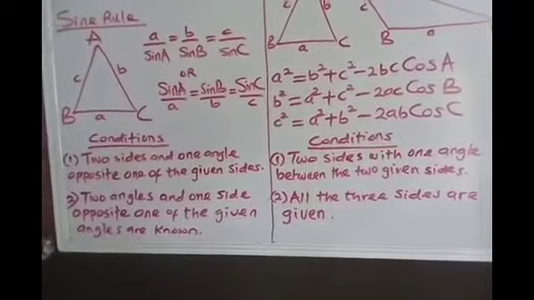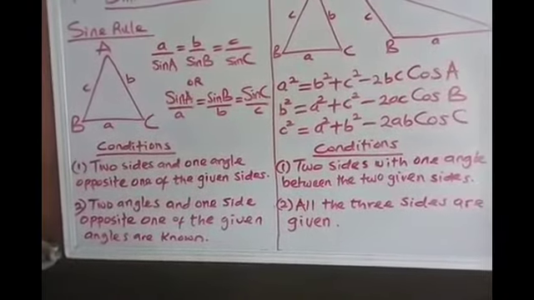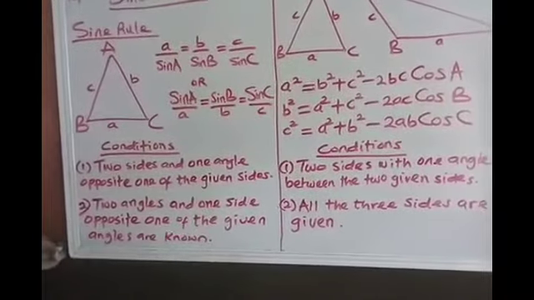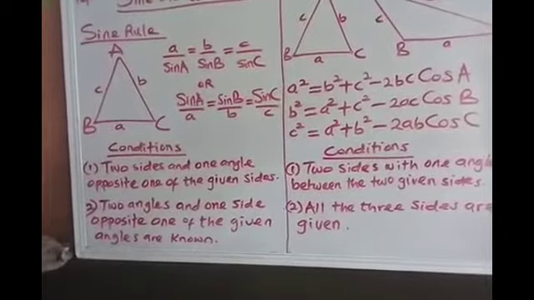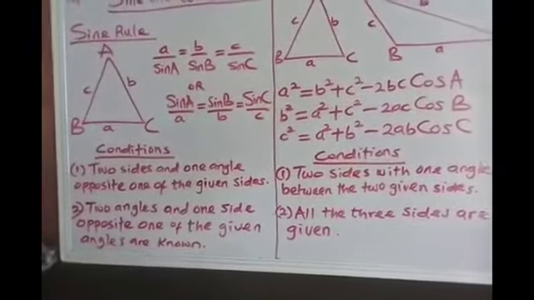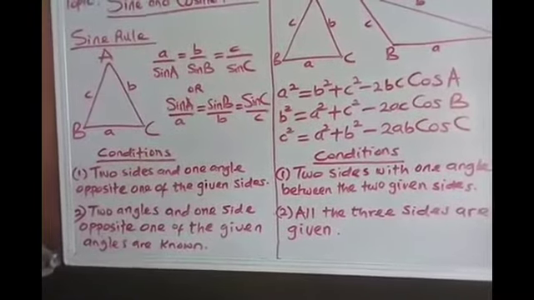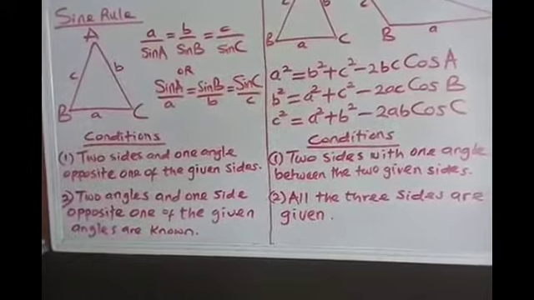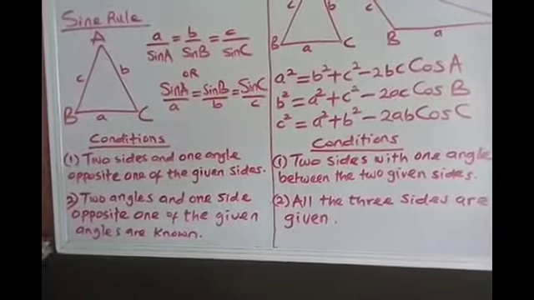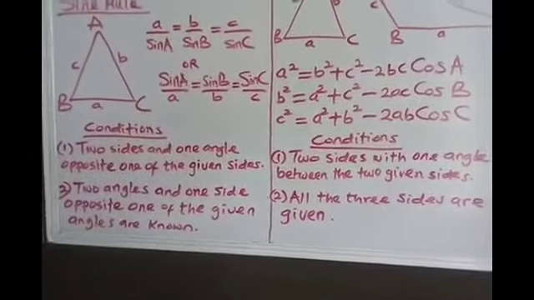The first one is we must be given two sides and one angle opposite one of the given sides. Second condition, two angles and one side opposite one of the given angles are known.